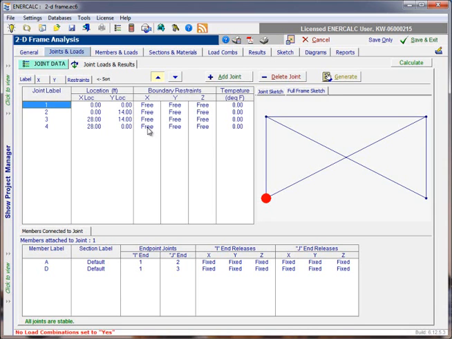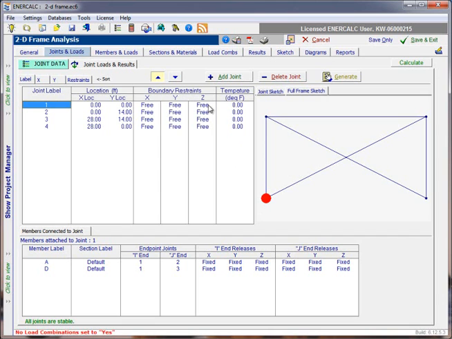We'll take a look at this example now, and what we'll do is understand that the need for stability of all of the joints is going to dictate that we come into this model and set all of the boundary restraints for moment about the z-axis, the axis that's perpendicular to the plane of the frame, to fixed.